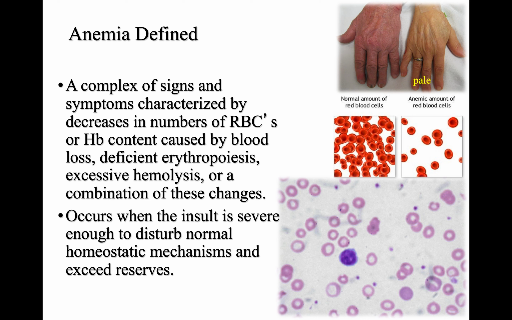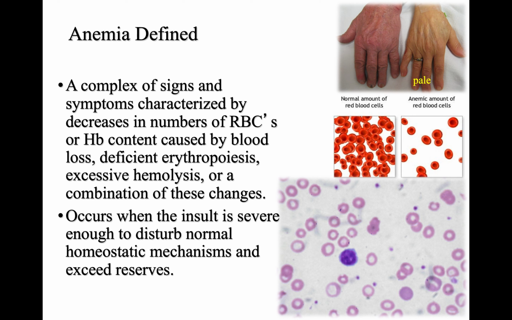It's a reduction in the total number of erythrocytes in the circulating blood or in the quality or quantity of hemoglobin. So it doesn't have to be both. I'm going to say that again. It's a reduction in the total number of erythrocytes in the circulating blood or in the quality or quantity of hemoglobin.